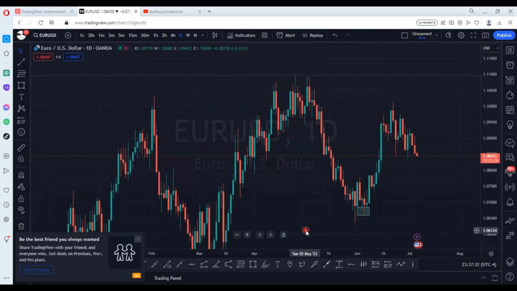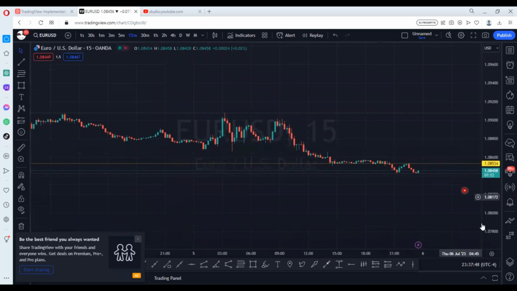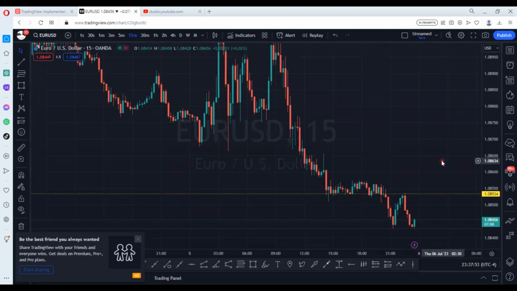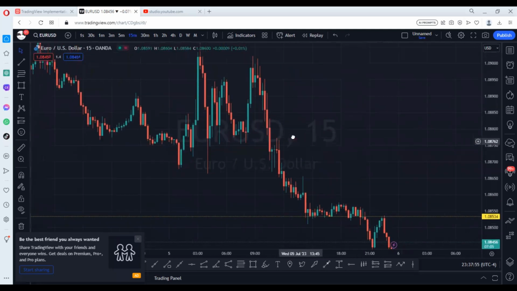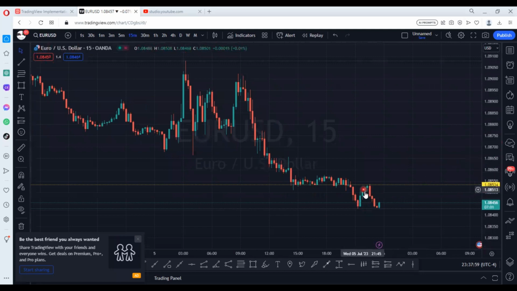So the validity of every high and every low is also dependent on the higher time frame. If we come to the 15 minutes, we can see that each time frame has its own highs and lows.